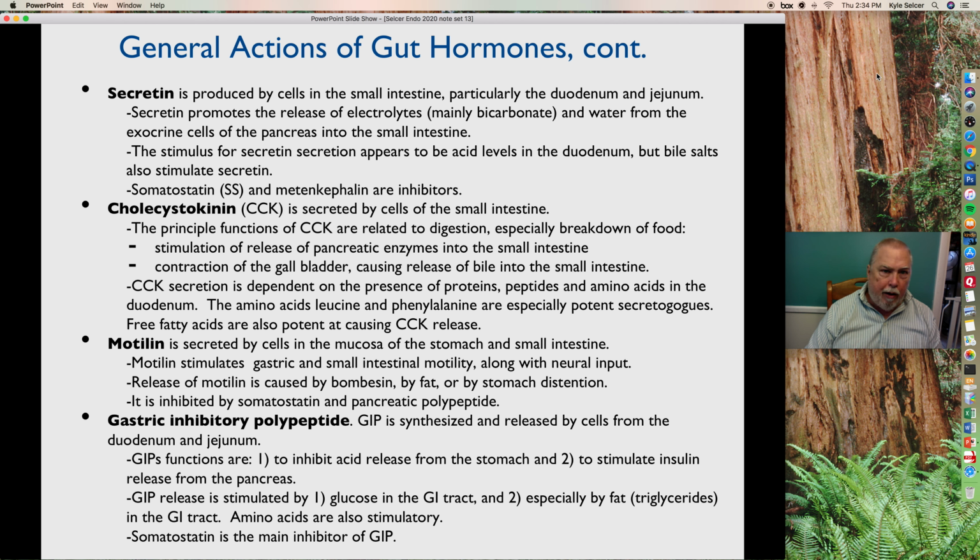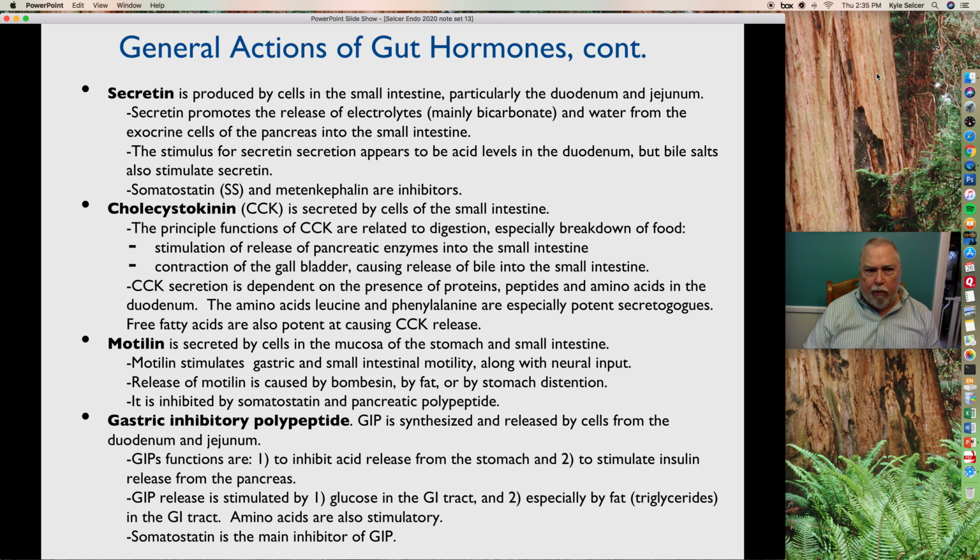And pepsin loves an acid environment, but the gut doesn't. The gut has all kinds of fat-dissolving compounds, protein-dissolving compounds, DNA-dissolving compounds, and they don't like that at low pH. They want a more neutral pH. So secretin's going to do that.